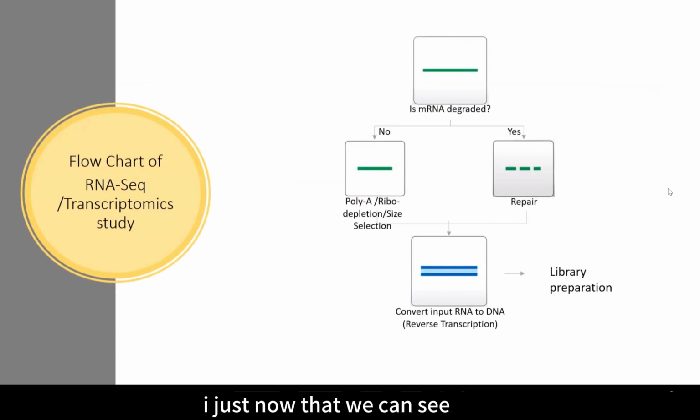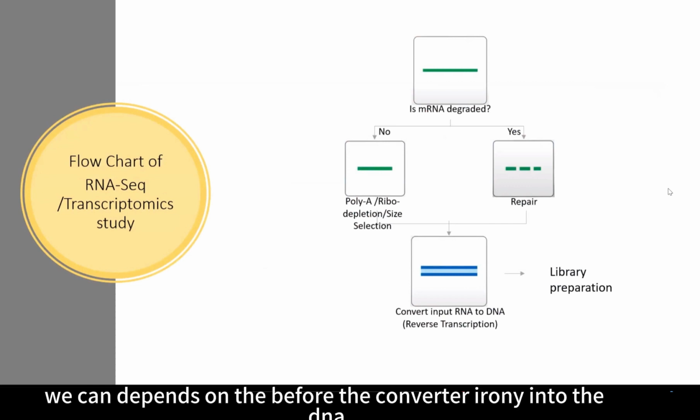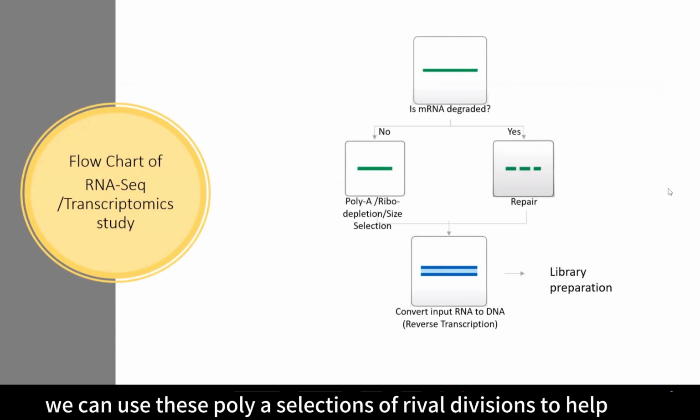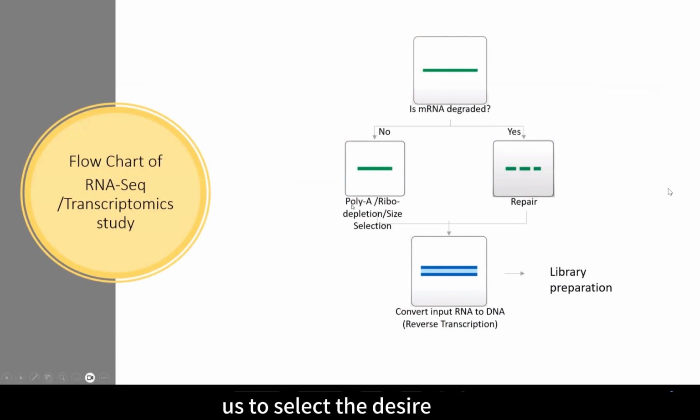For example, before we convert the RNA into DNA, there's a selection step. We can use poly A selection or ribo depletion to help us select the desired transcripts, whether a shorter one, or one with poly A attached. Then we can use this way to help us. Okay, thank you.